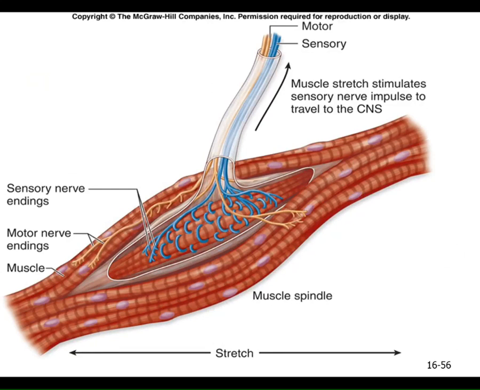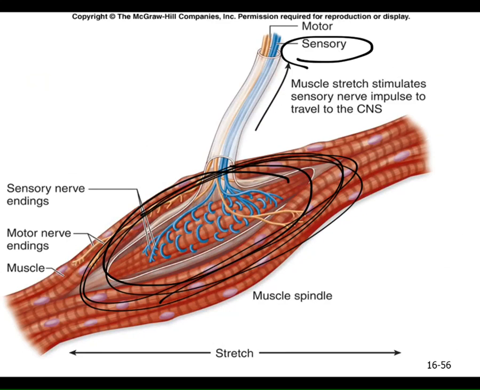Look at this. Within the muscle, there are actually sensory neurons. What are they doing? Sensing stretch. So your muscles themselves are sending signals to your brain saying, my muscle is straight, my muscle is 90 degrees, my muscle is flexed, my muscle is relaxed. So you've got constant communication.